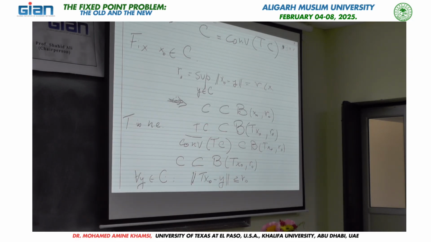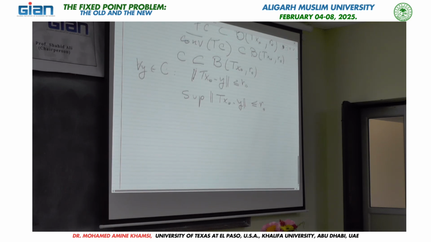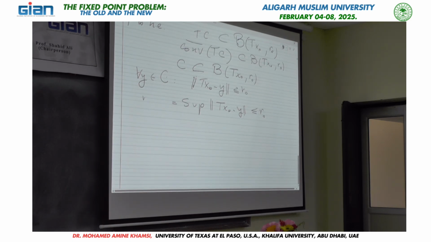So, if I call this R of x0, R being the Chebyshev radius, what we have here is R of T of x0 is less than R0. Yes? So, let us now call C star the set of all x in C such that the radius is less than R0. Okay?